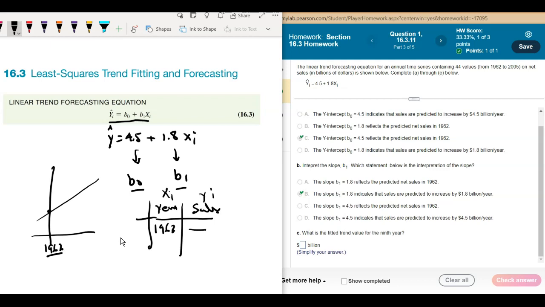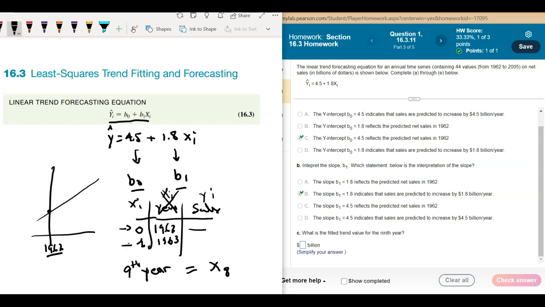Whenever you run your regression line, you don't run it with 1962 as the x's. You run it as year number 0 here, and then 1963 will be year number 1. So those are the xi's that you're going to use. Because we are using 0 and then 1, the 9th year will correspond to x8, not x9, because the 0 is counted.